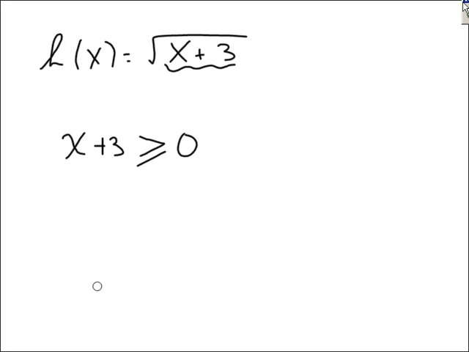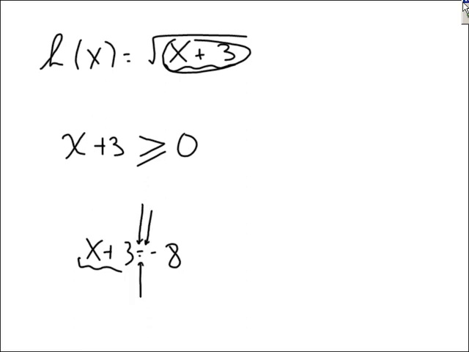Can't be less than 0. I mean, let's be honest. If x plus 3 was less than 0, was negative 8, then this would be the square root of negative 8. I'm telling you what this symbol says. These two small little lines have many meanings. Those two lines say wherever you see x plus 3, you have every right to say negative 8.